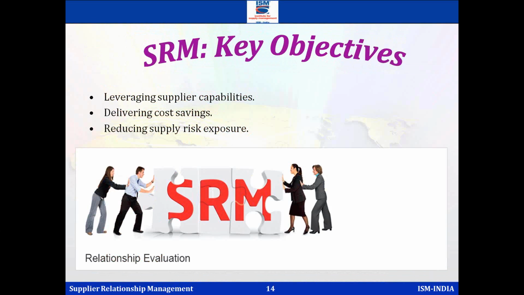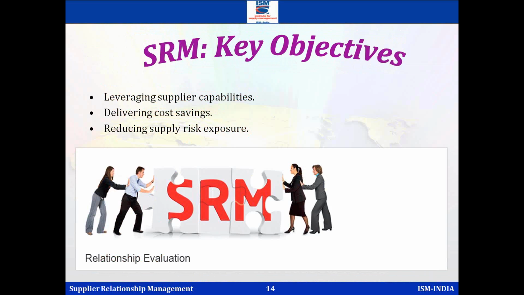As I said in the beginning, the key objective of SRM is leveraging supplier capability. Let's say I'm in an automobile company, buying a transmission gearbox from a supplier. There may be many choices, each with its own plus and minus.